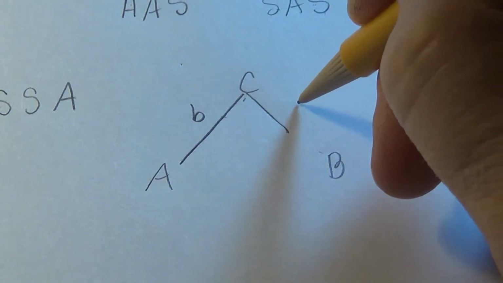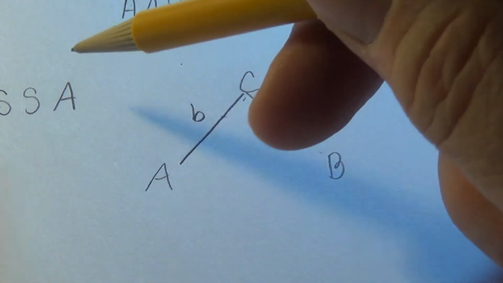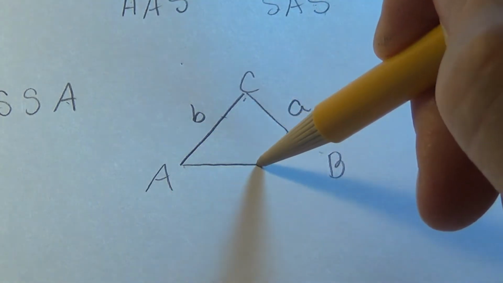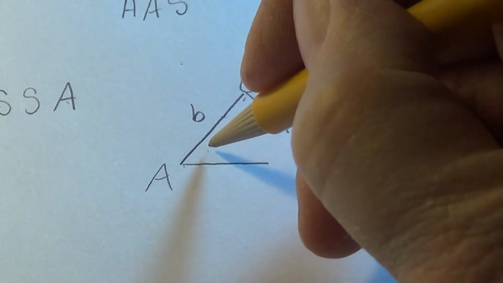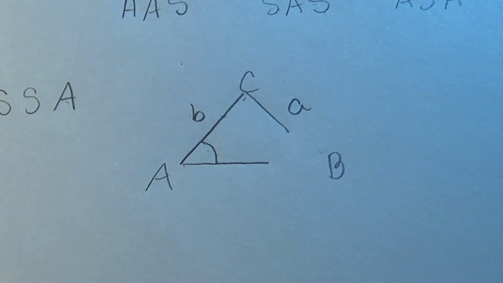That's going to be side a. And then we also know the angle, which is not in between, so I'll put it down here. So we know angle A. This is known, so I'll put a little mark there to indicate. So I'm drawing in what we know.